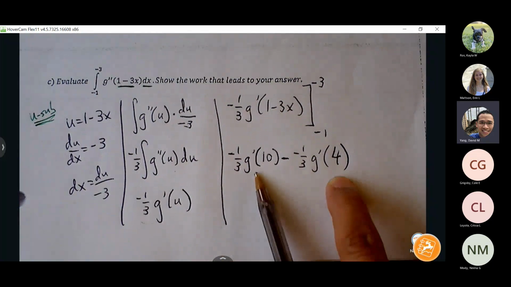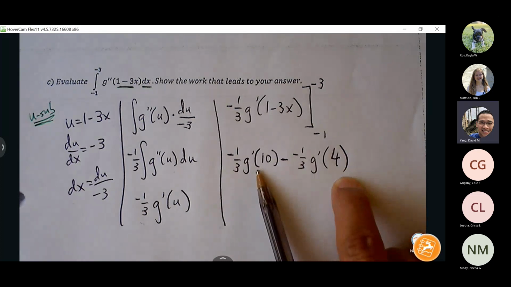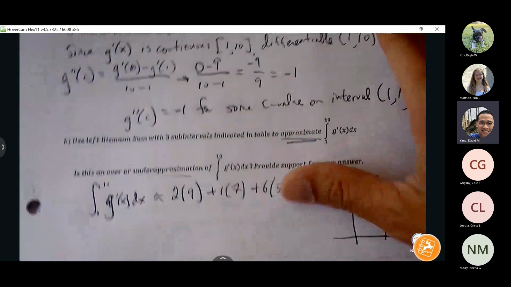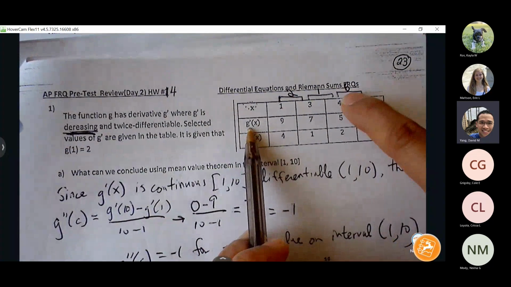Okay, so now it's easy because we can just go to our table and just pull the values, right? G prime of 10 is 0, G prime of 4 is 5.